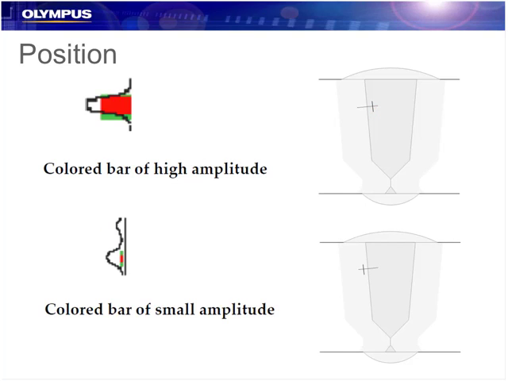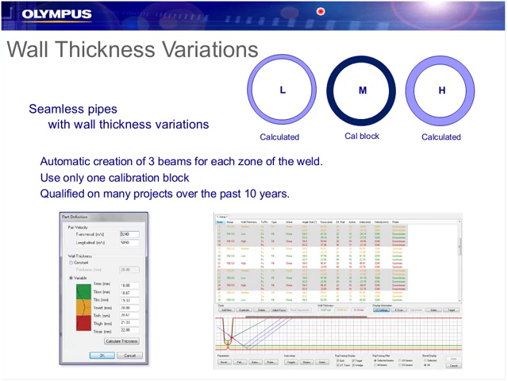If I have an A-scan that comes up in the zone, I have a very small amplitude bar. Again, the color is there to know its true amplitude, but the bar is short. I know that happened in the first half of the gate. So I can position that either in the weld or on the opposite side. So we use quick analysis tools like that to quickly make the distinction and keep the inspection very quickly.